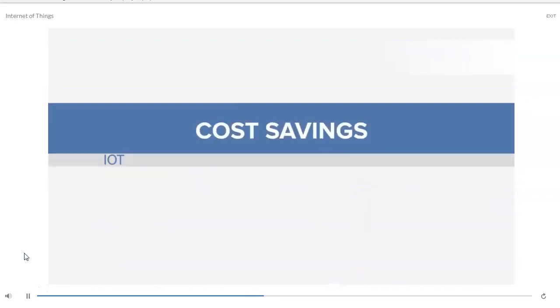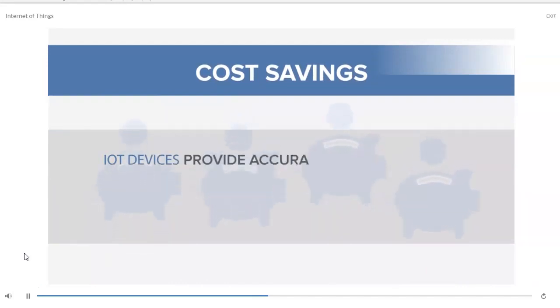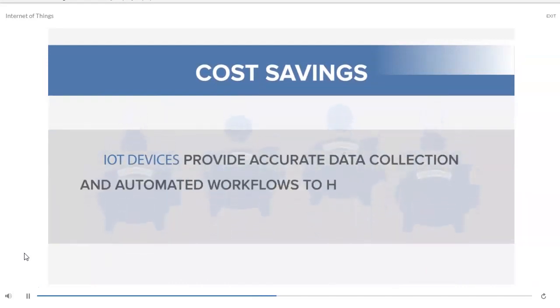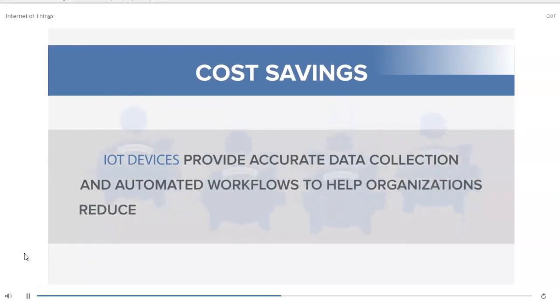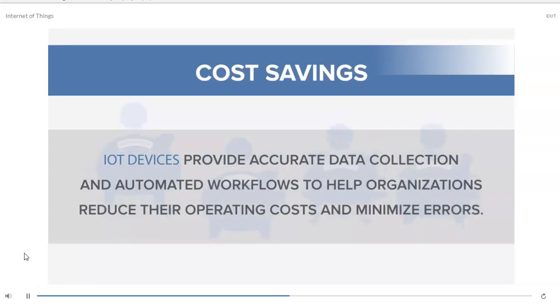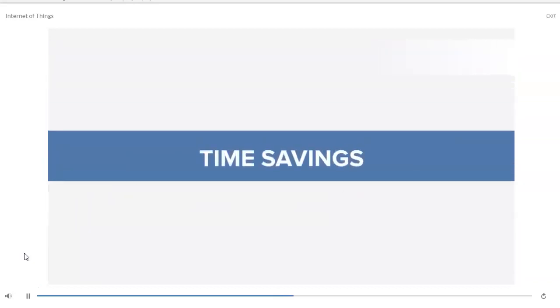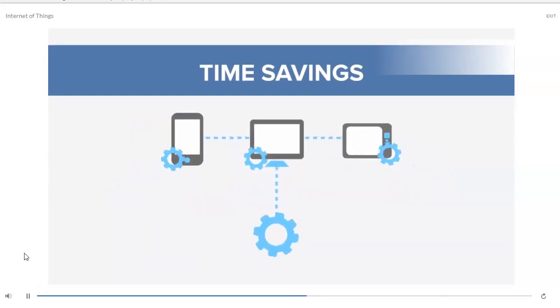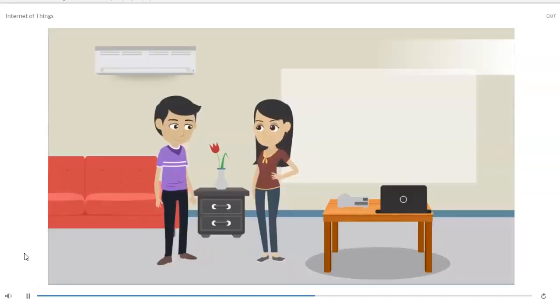Cost savings. IoT devices provide accurate data collection and automated workflows to help organizations reduce their operating costs and minimize errors. Time savings. Connected smart devices can help organizations enhance the performance of systems and processes to save time.